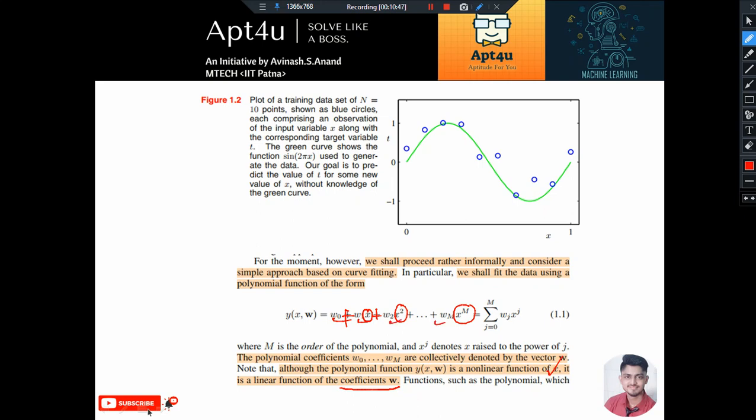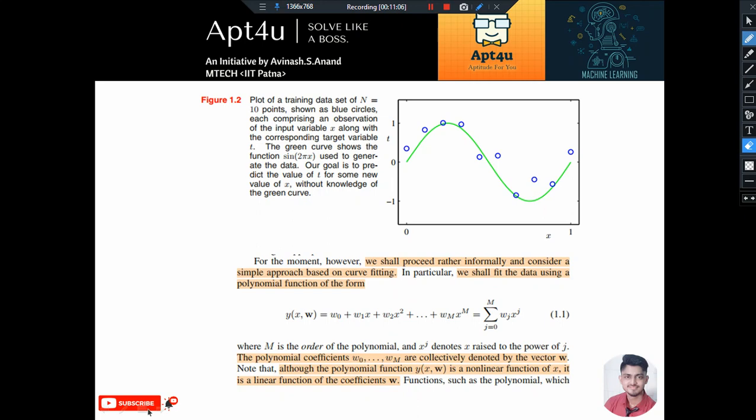So the same polynomial function is non-linear if you look at it in terms of x, but in terms of the coefficients, it is nothing but a linear function, right?